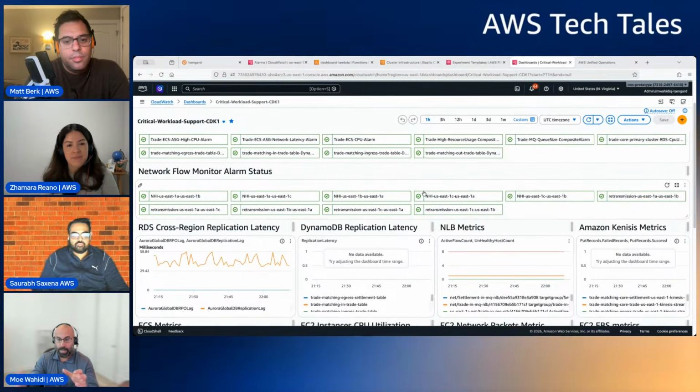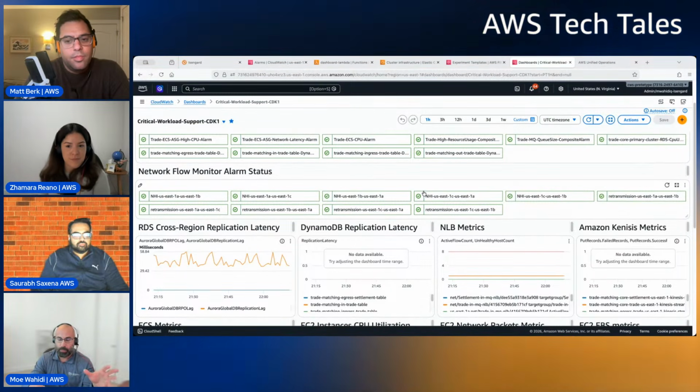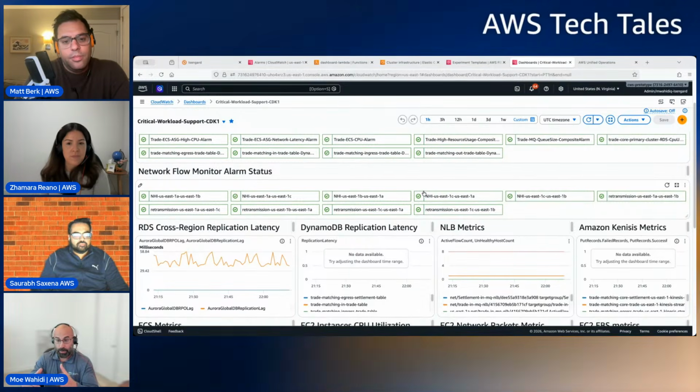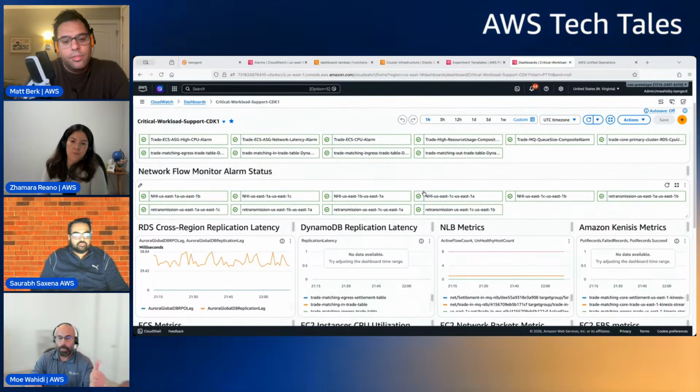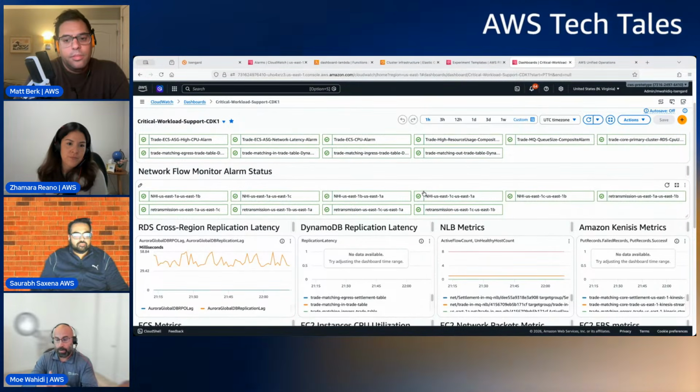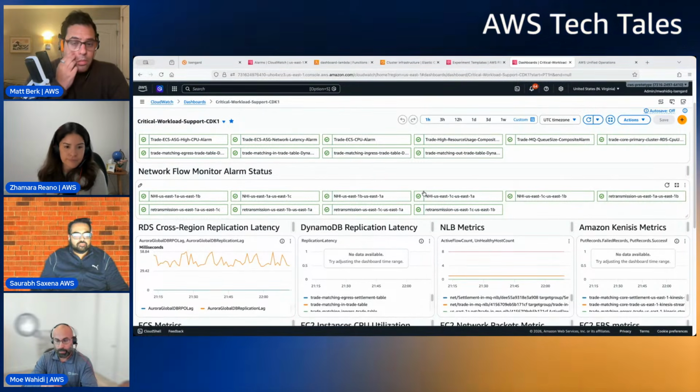We identify the right metrics, whether they're business metrics, infra metrics, or service metrics, and we build a comprehensive dashboard, a single pane of glass for our customers, so that anytime an issue occurs, whether it's infra or a bad deployment, we trigger an alarm. These alarms are integrated with what we call our IDR team, the incident detection and response team.